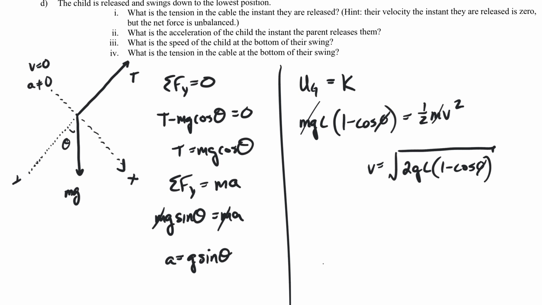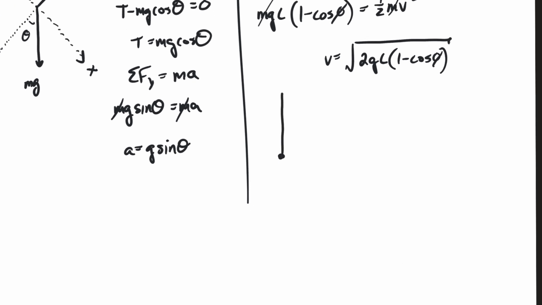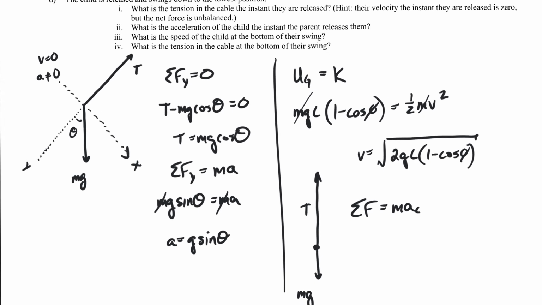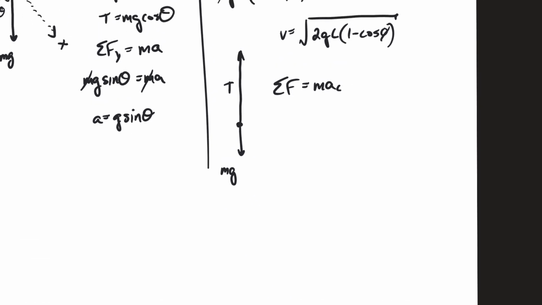And at the bottom, the kid is going to be experiencing a tension force straight upwards and weight downwards. That net force has to equal ma. It didn't have to equal m a_c before because their velocity was 0. They had no centripetal acceleration, right? The velocity is 0, they don't require it, but we are moving now, so we need a centripetal acceleration.